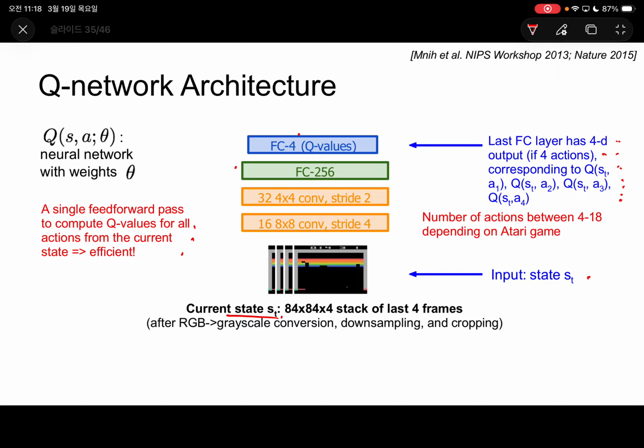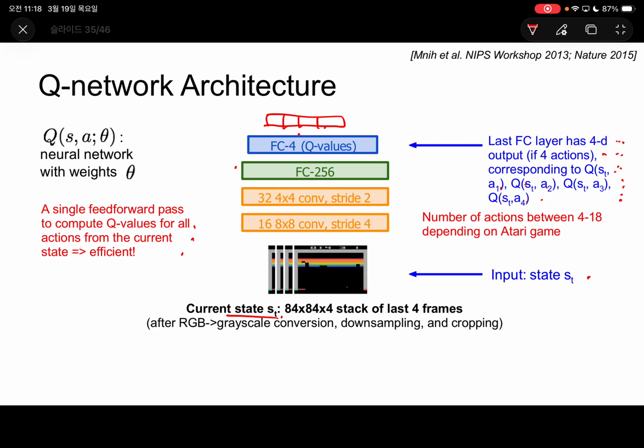It's almost similar to 4-class regression, because we only have 4 possible actions. The last FC layer has a 4D output corresponding to the four actions.